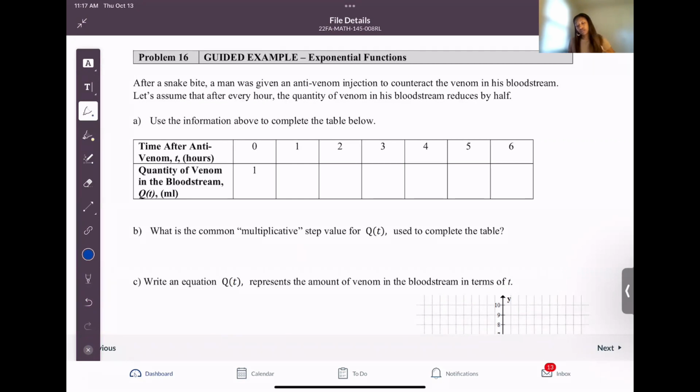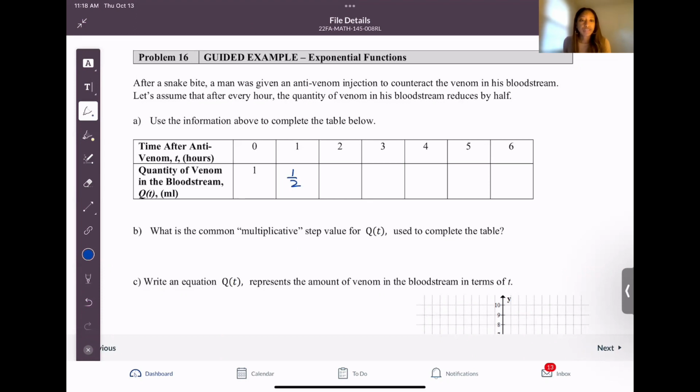The input 0, 1, 2, 3, 4, 5, and 6 tells us the time in hours after the anti-venom has been injected. The output is how much venom is left in his bloodstream. If he starts off with 1 milliliter of venom, we have half of that after an hour, so half of a milliliter.